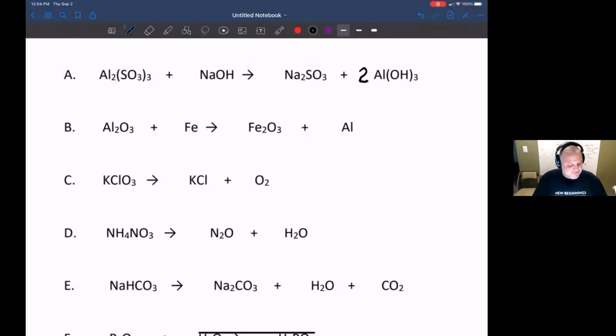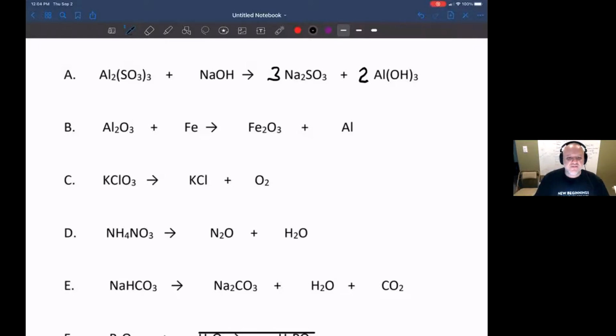What I do notice is that sulfate and sulfate don't change formulas. And since they don't change formulas, I can balance them as an entire unit. So in other words, I have 3 sulfates here, and so I can make 3 sulfates there. And now the sulfates and all of the oxygens that go along with them are balanced.